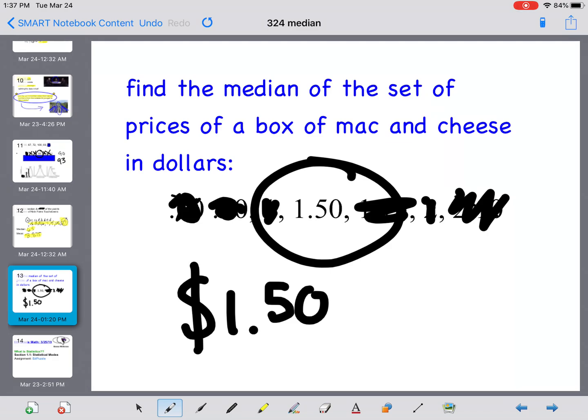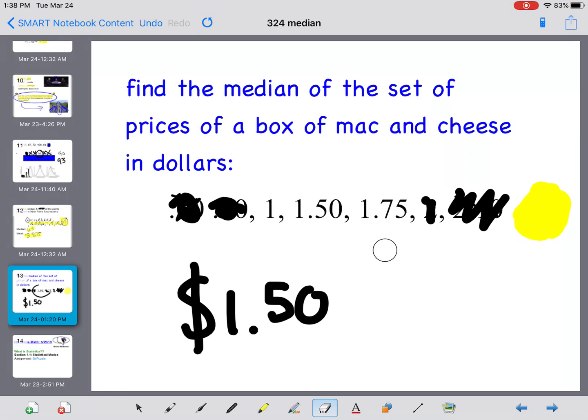Now, if I put a box right here that was worth $1 million, our median won't change a whole lot because we're still canceling it out.